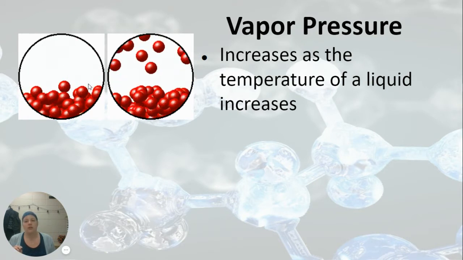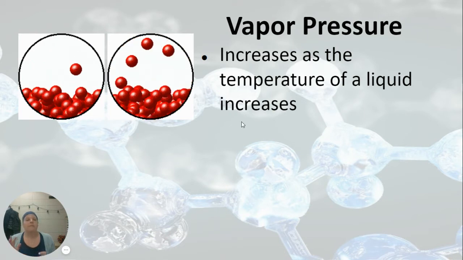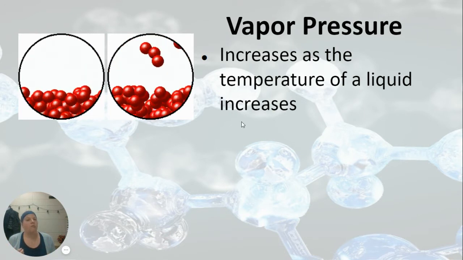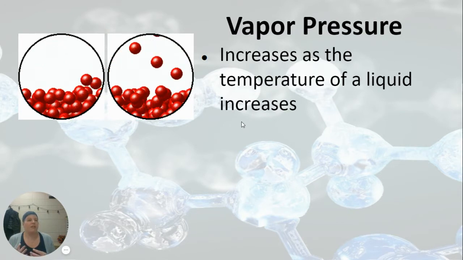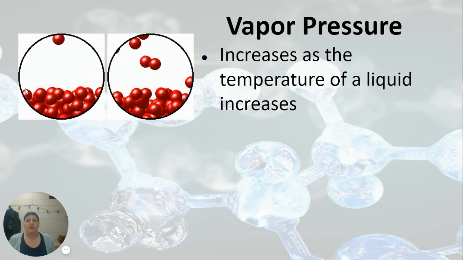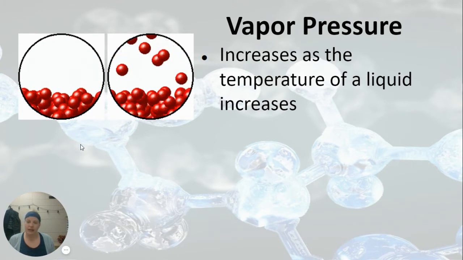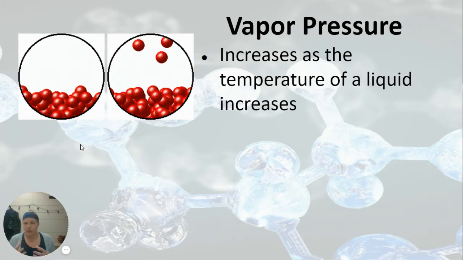So this is kind of a good little animation here. If you imagine the left is cold and the right is hot, particles that are colder move slower than particles that are hotter. And they do that because they have less kinetic energy. So if we think about these particles here on the left side, they are moving slower as a whole group. They don't have quite as much energy.